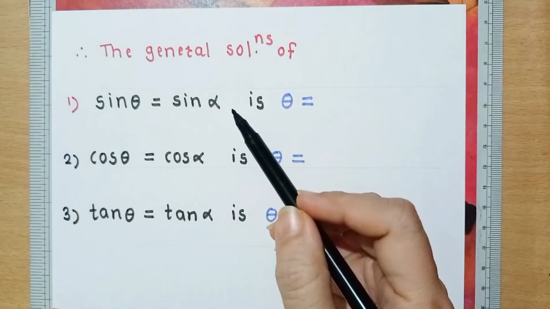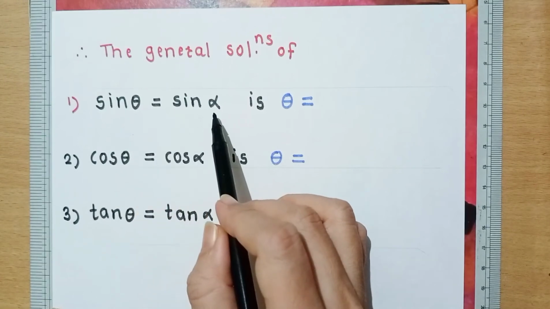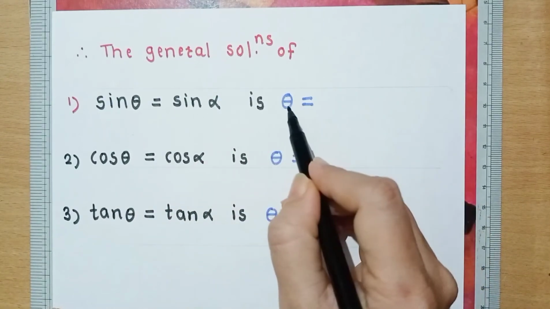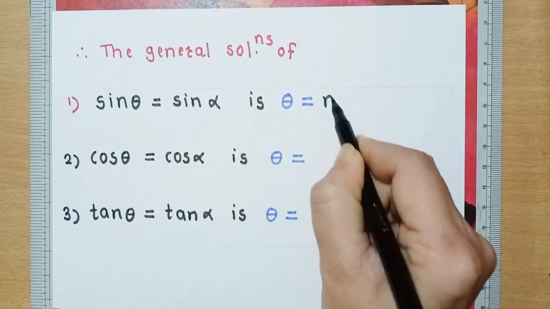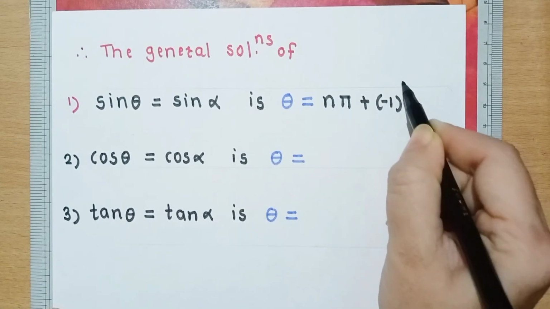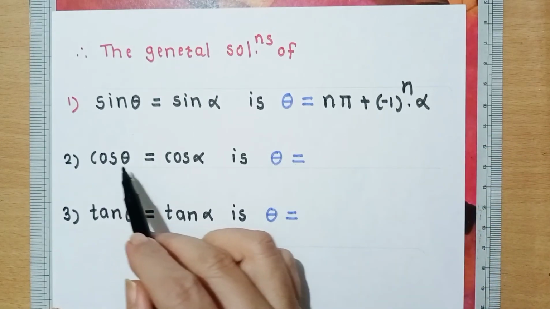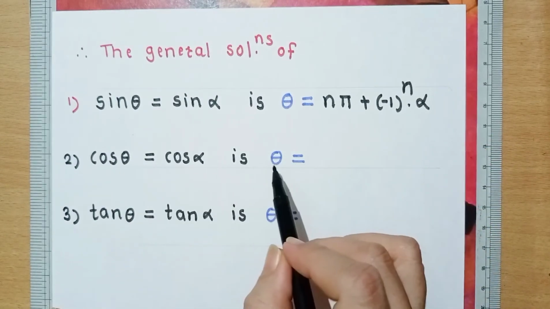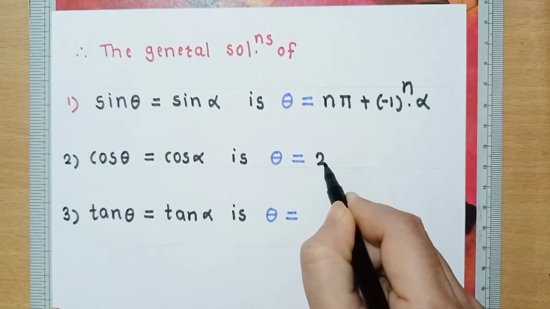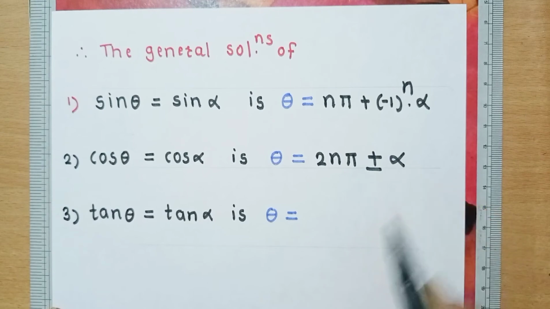Now together I have written these three formulae. If sin theta is equal to sin alpha, then the general solution is theta is equal to n pi plus minus 1 raised to n into alpha. If cos theta is equal to cos alpha, then theta is equal to 2n pi plus minus alpha.